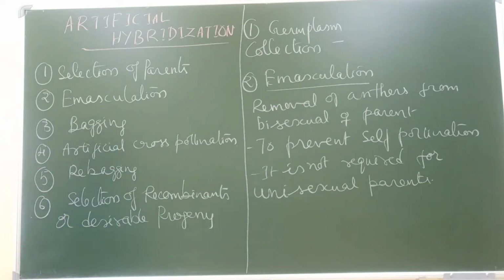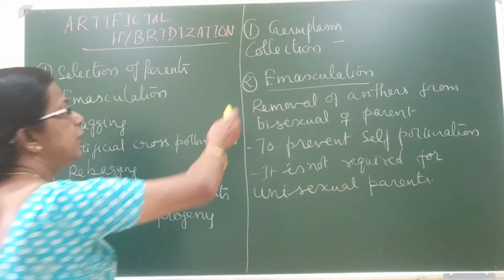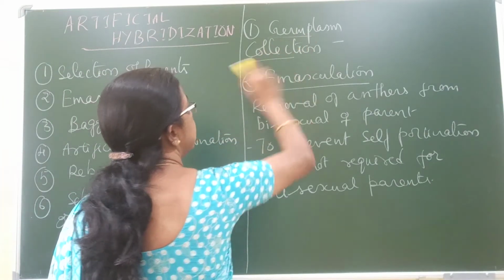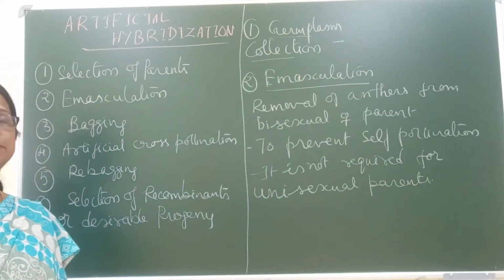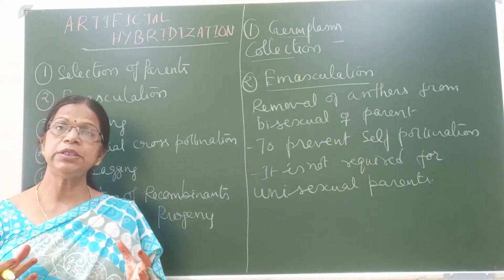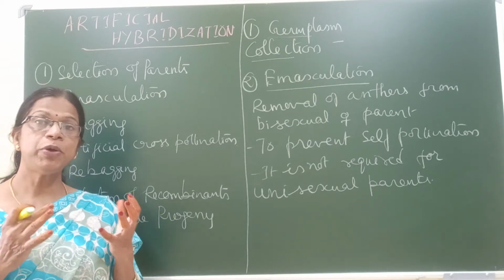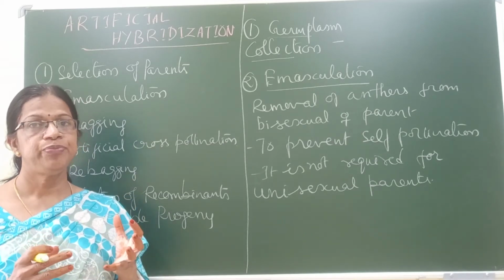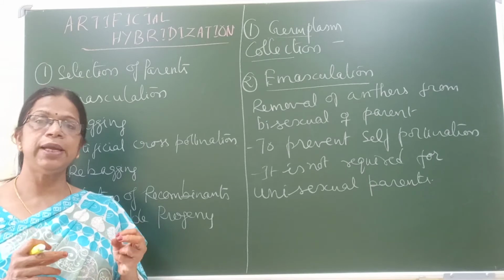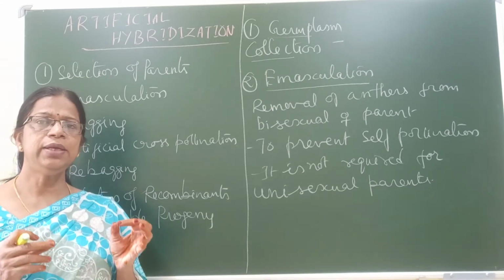Now if we go to the first one, selection of parents, the most important thing here is germplasm collection. Now what is germplasm? Germplasm is the presence of all diverse alleles of a particular plant species. This germplasm collection is done in various institutes.